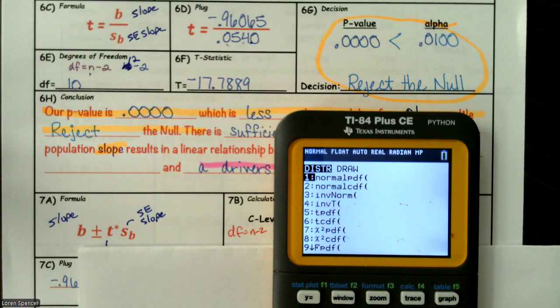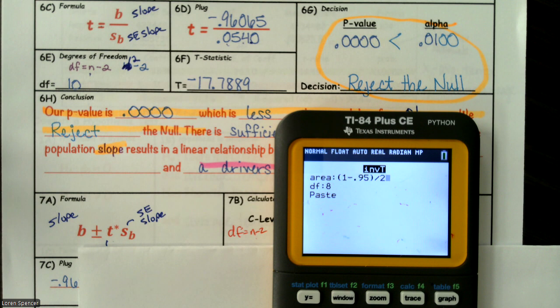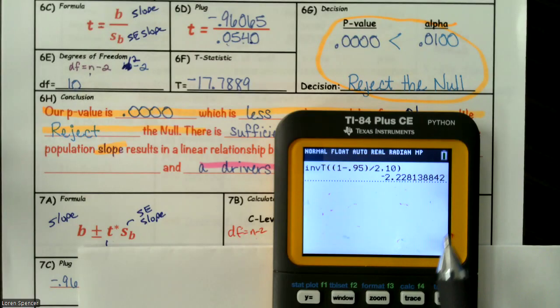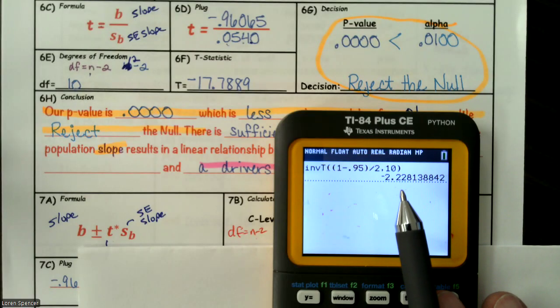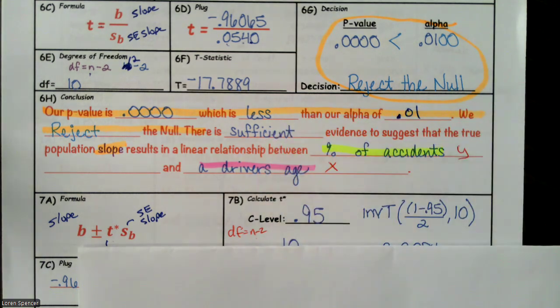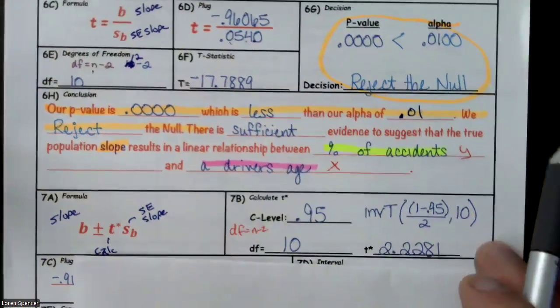So second vars, inverse T, parenthesis, 1 minus 0.95, close parenthesis, divided by 2. Degrees of freedom was 10, or 12 minus 2 if you prefer. And being positive people, we're going to drop that negative off because we're going to turn negatives into positive. And this will be 2.2281, our T star.